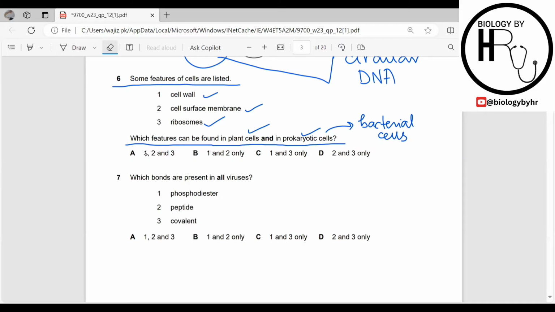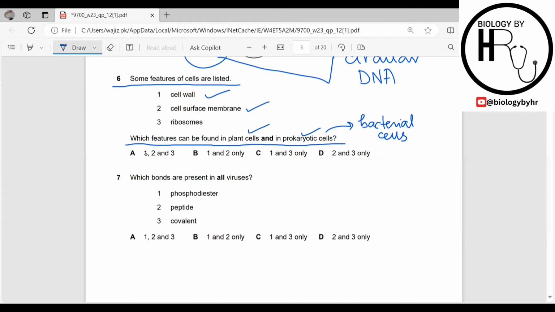Yes, we all know that cell wall is common in both the plant cell and the prokaryotic cell. Now the plant cell wall is made up of cellulose and the prokaryotic cell wall is made up of peptidoglycan. Cell surface membrane is found in both the cells. Ribosomes. Yes, are ribosomes found in both the plant cells and the prokaryotic cells?